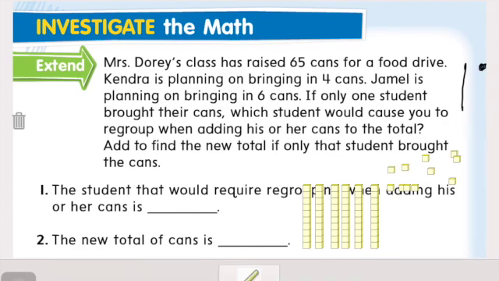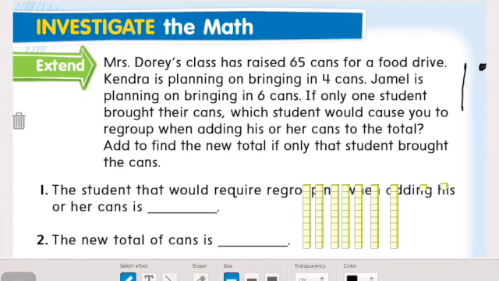So we're going to gather up 10 of these ones. I'll move this out to the side. Okay, and we're going to trade them in for a 10 rod. Okay, and now we can more easily see that we have 1, 2, 3, 4, 5, 6, 7 10s and 2 1s.